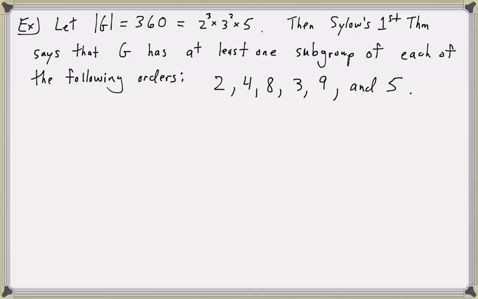So this result is due to Cauchy, which was proved in 1845, and it took Cauchy about 9 pages to prove the following result. But if we can for a moment assume that Sylow's first theorem is correct, we can actually prove Cauchy's theorem quite quickly.